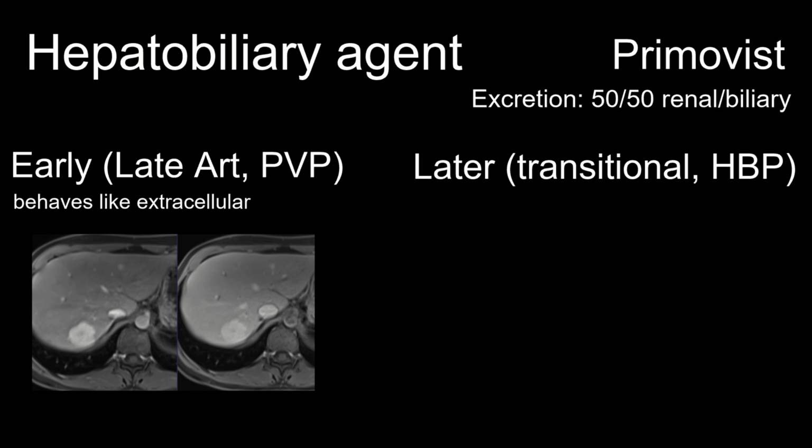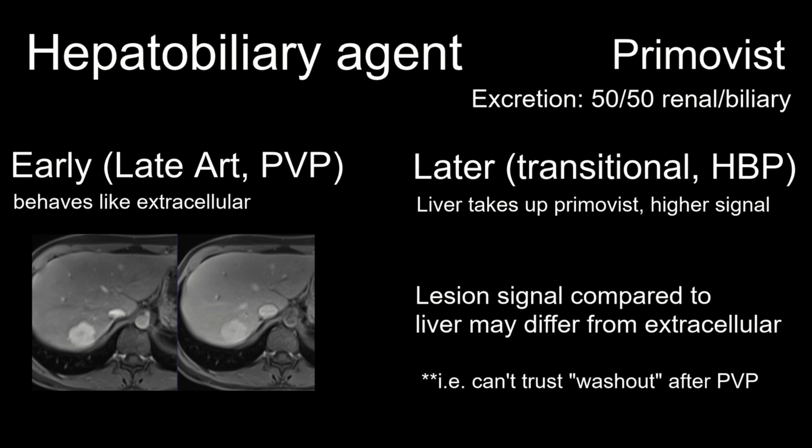But over time, the liver cells will take up Primovist, mostly due to a transporter called OATP1B3, and then begin to excrete it in the biliary system. So over time, the background liver gets brighter. So the appearance of the liver lesion compared to background liver may be different than with extracellular contrast agents.